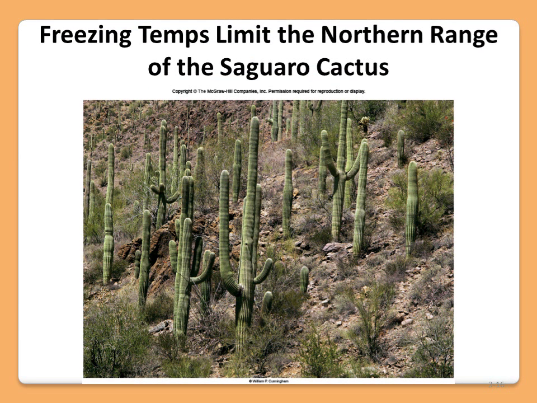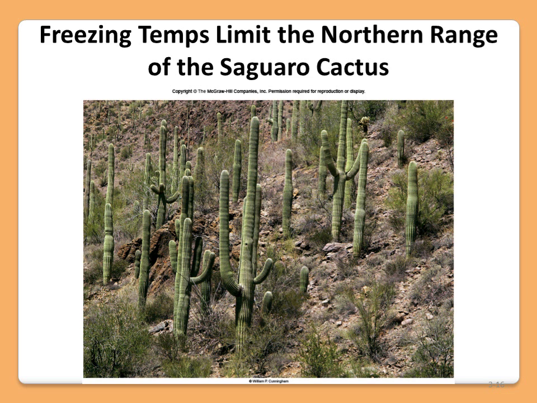An example real quick is the saguaro cactus. As you'd think of a cactus, it can live in desert areas, but you might wonder, if it's great at extracting water from the ground and living in hot temperatures, why does it not live where it's colder? The cactus's tolerance limit ends where it begins to freeze.